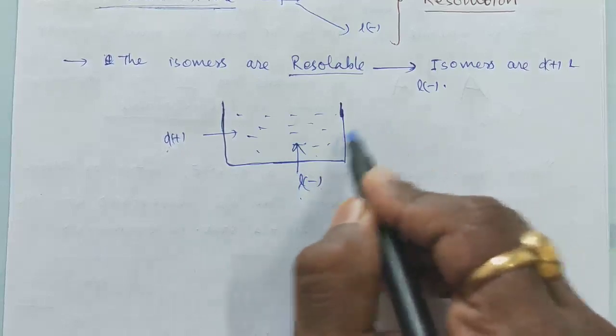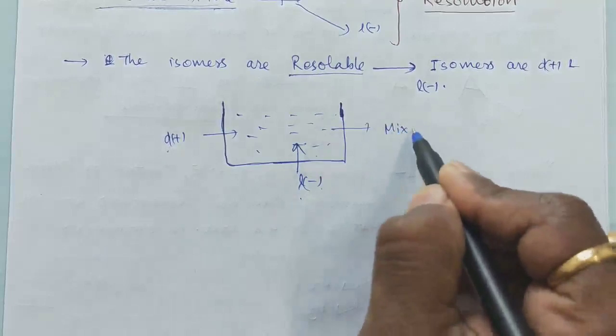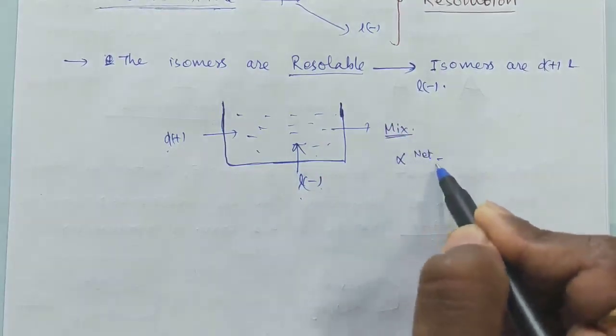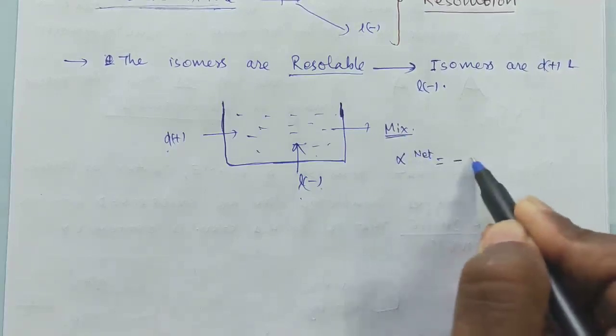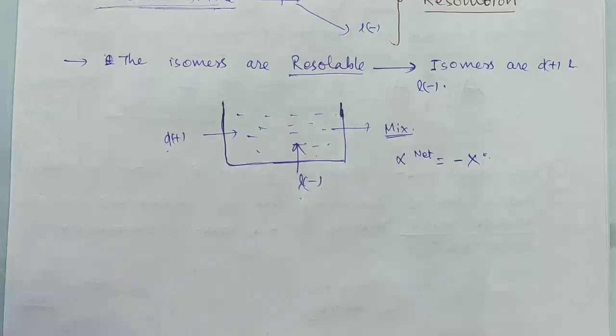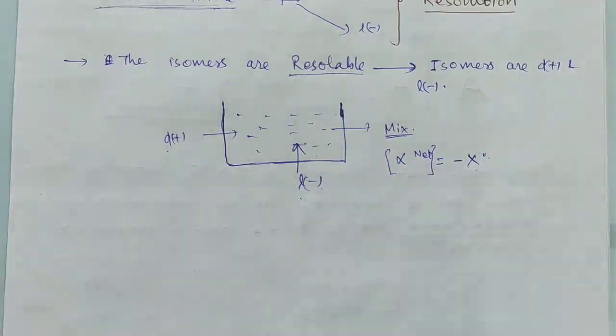But one thing is given for this mixture: alpha net is minus x degree. Suppose it is given. The alpha net means net specific rotation is given and this is minus.